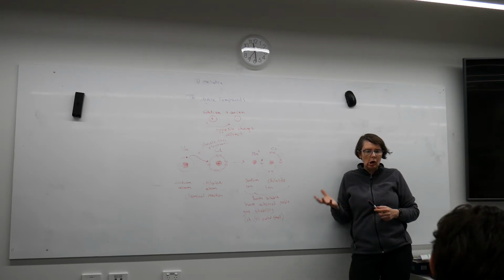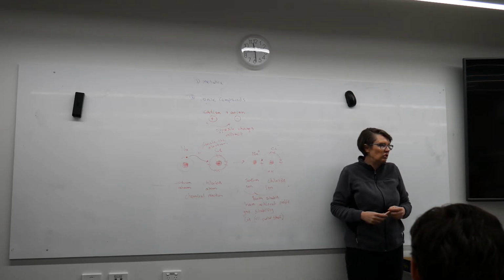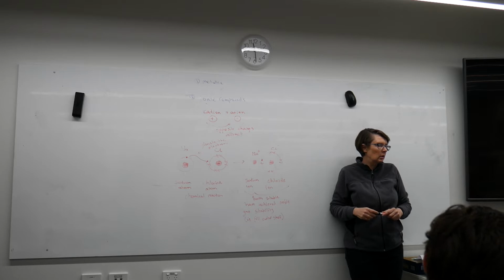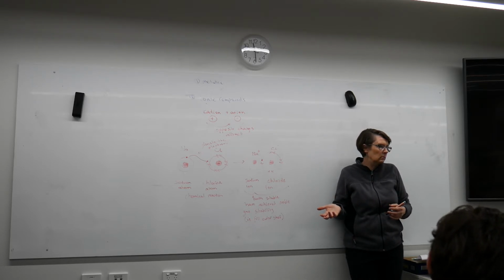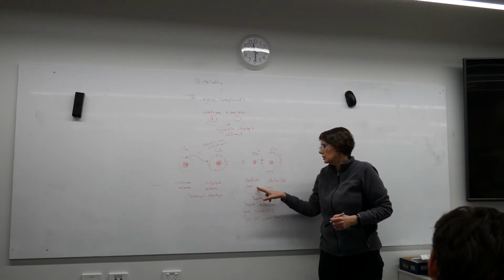They all end in "ide" as the negatively charged ion. Our positively charged ion's name doesn't change. Okay, so we started out with sodium, and it's still called sodium. The only difference here is that this one's the atom and this one is the ion.